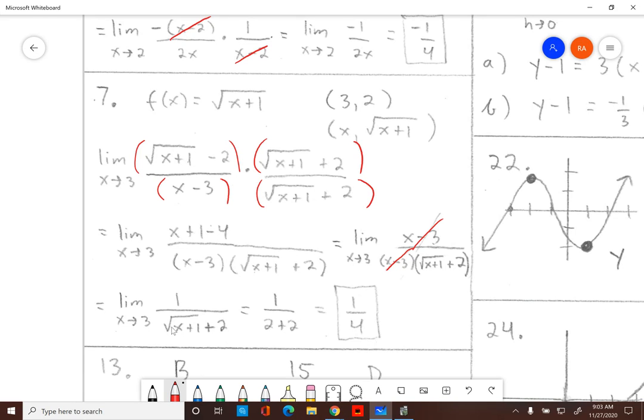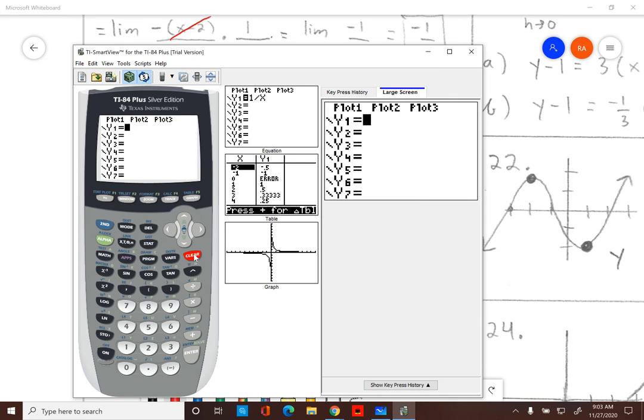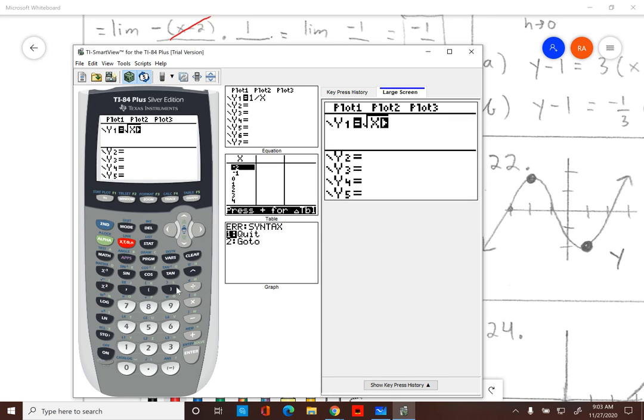And then I can plug in the 3. If I plug in the 3, I get root 3 plus 1, which is root 4, which is a 2, plus the other 2, over 1. And so for this function, at this point, I'm getting 1/4 as the slope of the tangent line. Just to check that, let's do square root of x plus 1.